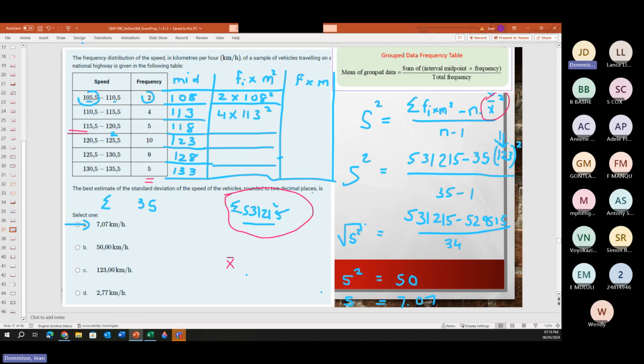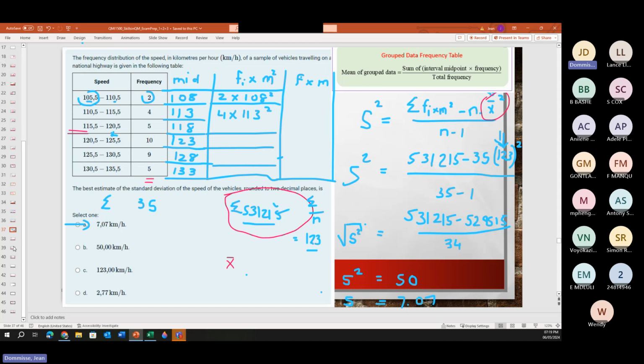Then if you do the sum of that, the sum of that divided by n will give you the mean of 123. So in the assignment they really tested that you look at all the ways of calculating this.